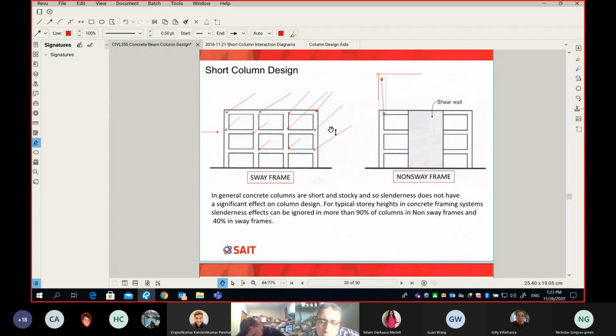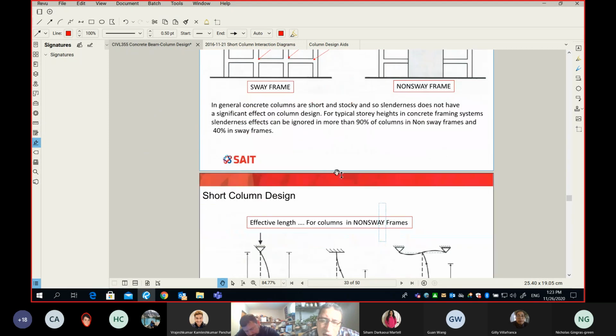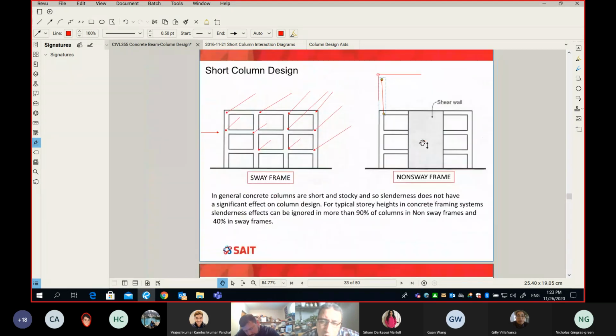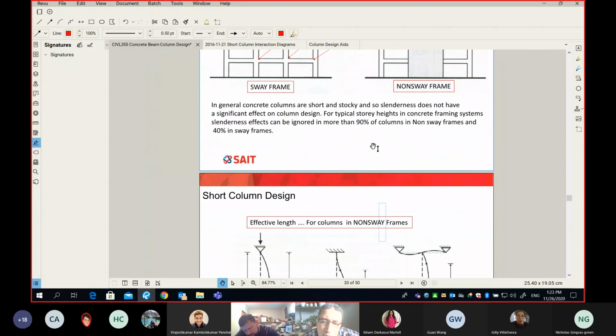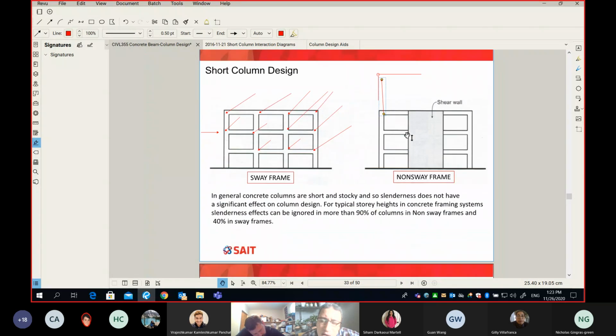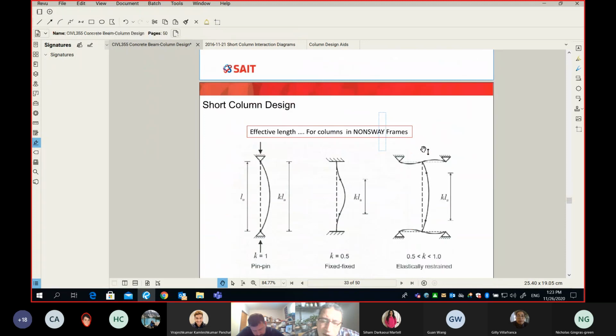We have to make sure that the column-beam connection is so strong, and that's what enables this building to take the lateral loads. Anyway, in our class we focus on the most common one, the 99%. So in our discussion, we will focus on non-sway frames.